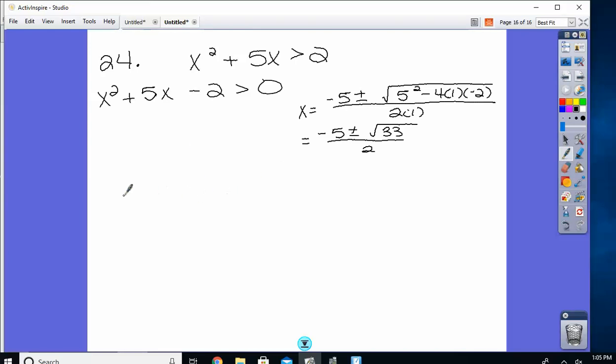We can leave this in radical form, we could get a decimal. If it were just an equation, I would expect you to leave it as a radical, so let's go ahead and just leave it. So you put the smaller one on the left, so that would be the minus one. Bigger one on the right.